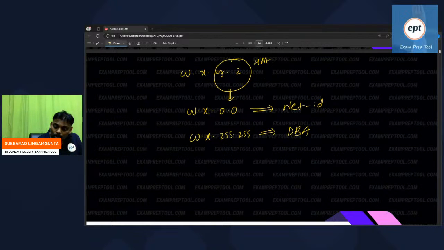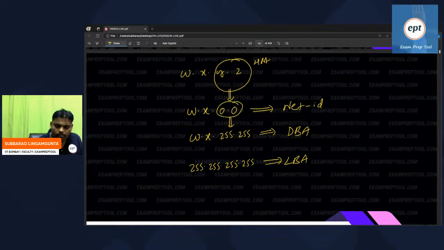Keep all the host bits 255, that is the LBA. Every network has a net ID, a DBA, and an LBA also.